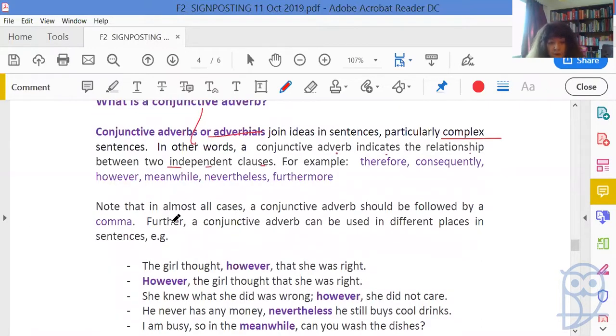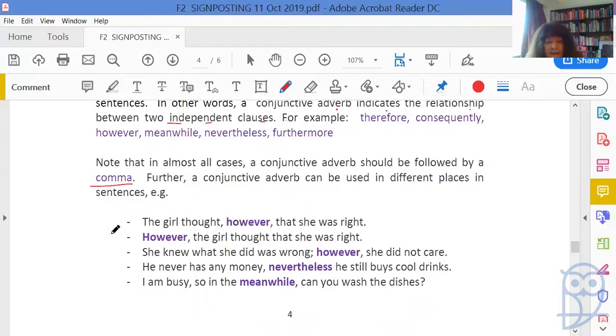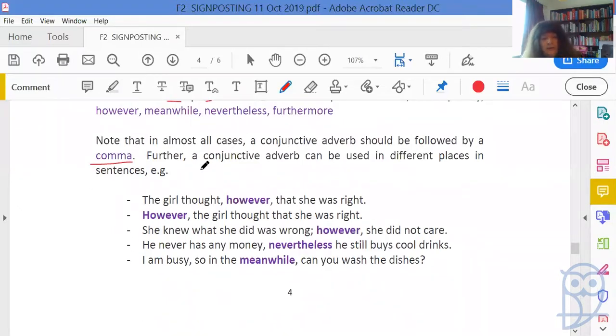And in almost all cases, a conjunctive adverb should be followed by a comma. Just like we said earlier on, the girl thought, comma, however, that she was right, because your main clause is the girl thought that she was right. However, beginning the sentence, comma, the girl thought she was right.